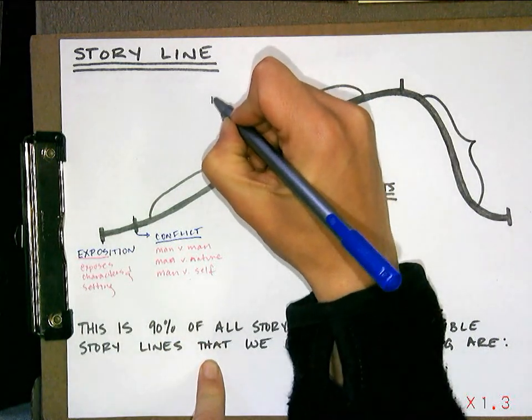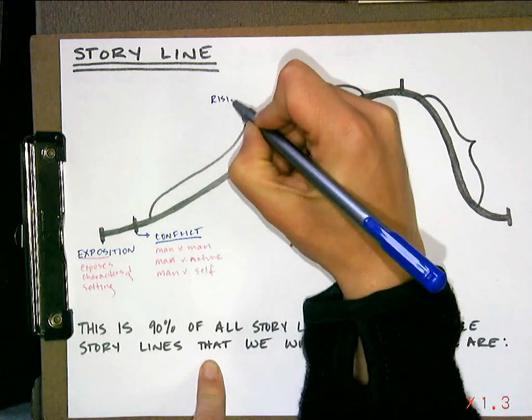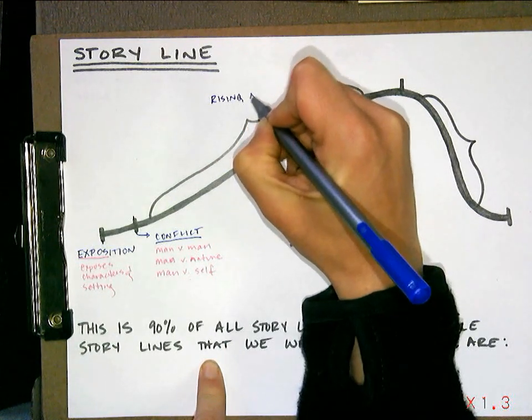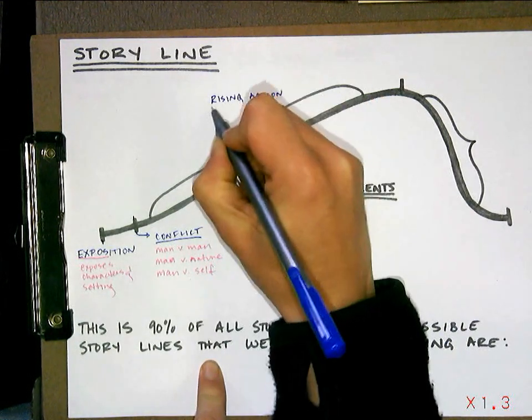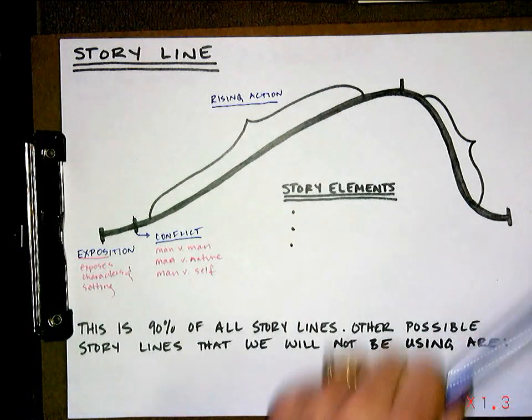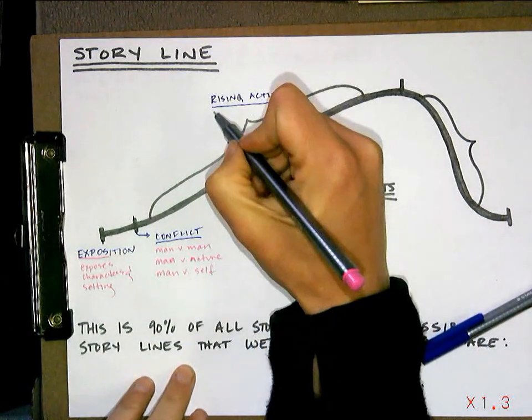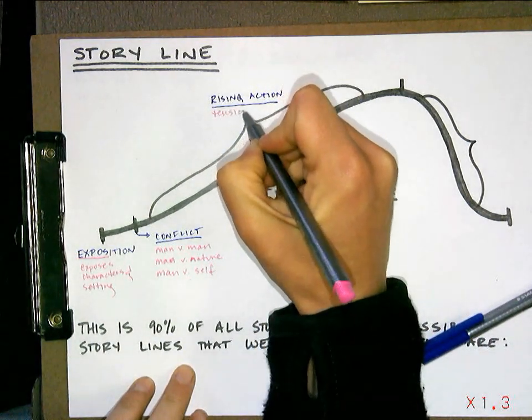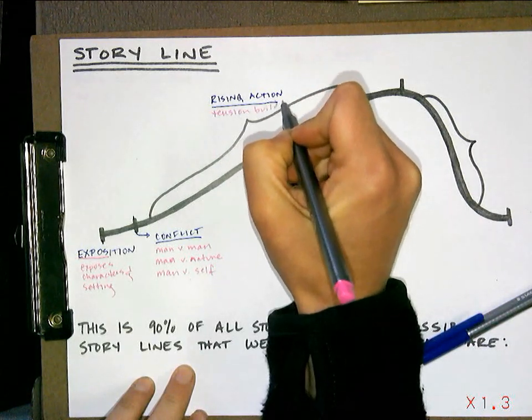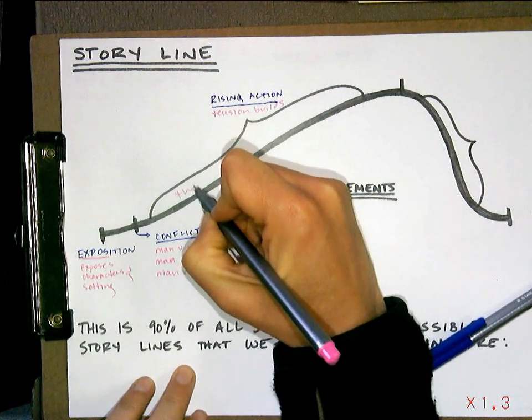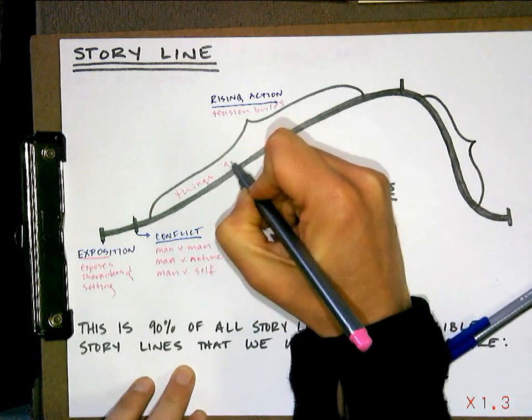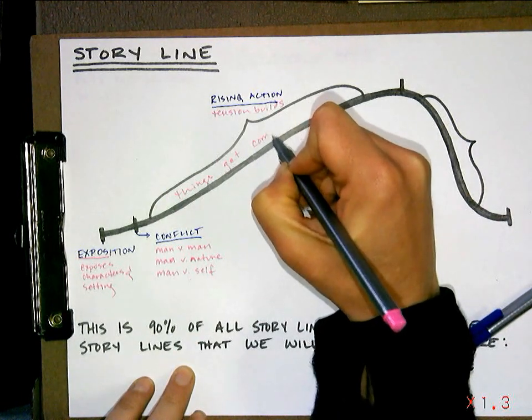So this is called the rising action, R-I-S-I-N-G. And again, this is where tension builds. Things get complicated.